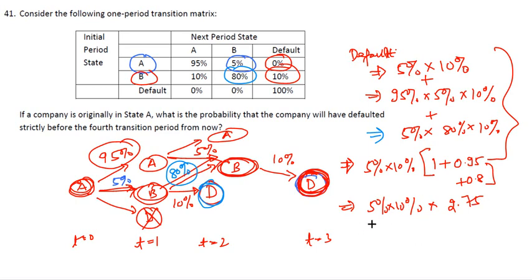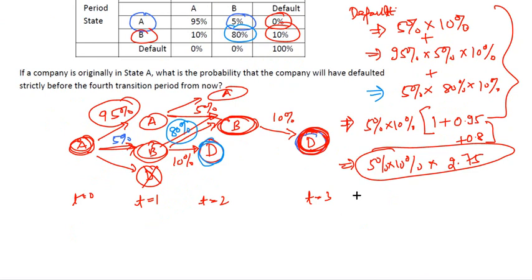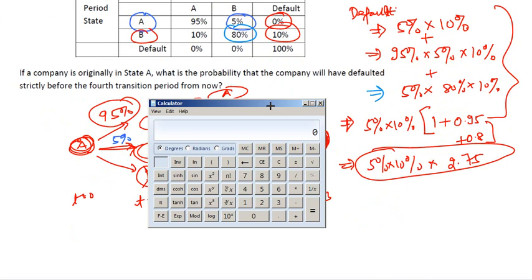If you want, you can get this solved through your calculator, or you can simplify it more. So it will be 0.05 into 0.1 into 2.75. Please note that this is a decimal; if you want it in percentage, this will be the answer.